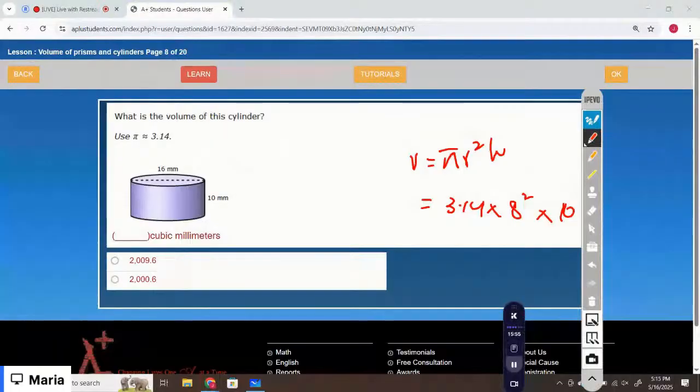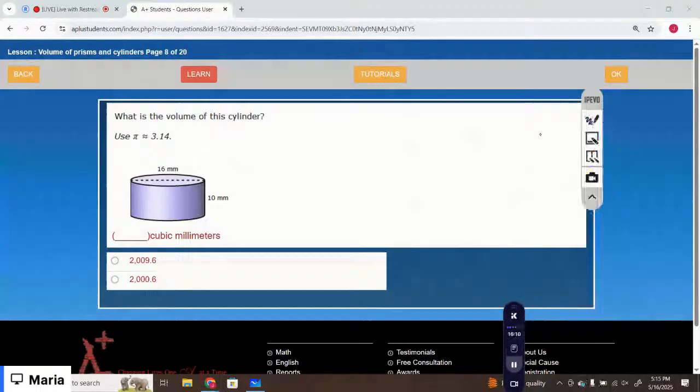Let's do the calculations. That is 64 times 10 times 3.14. That is 2009.6. Option number one is the correct option.